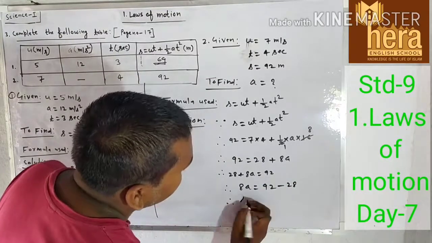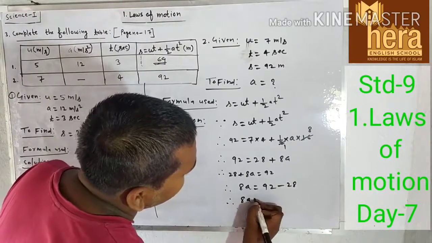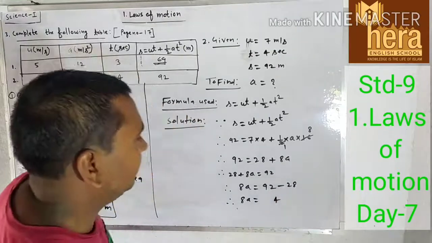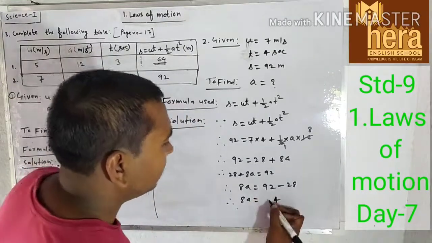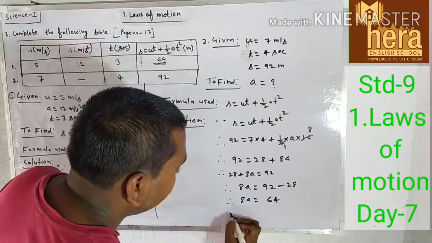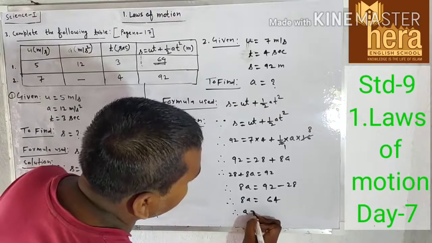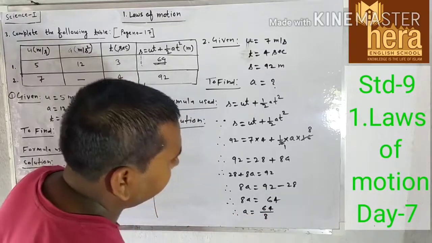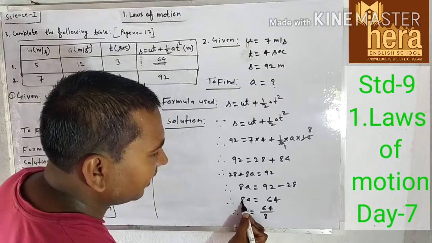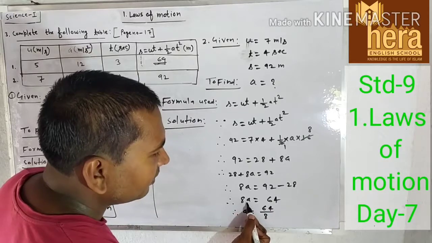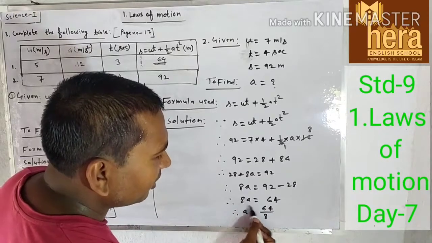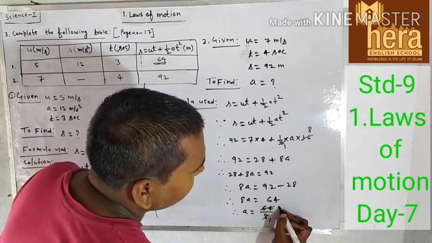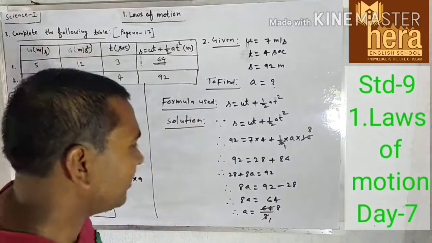Therefore 8A is equal to 64. Therefore A is equal to 64 upon 8. Here is 8A, that is 8 into A. So therefore A is equal to 64 upon 8. 8 8 the 16.